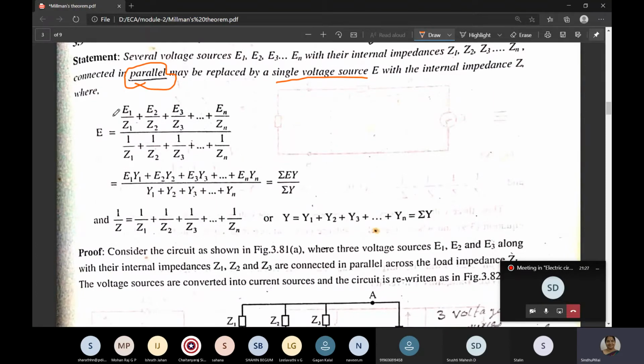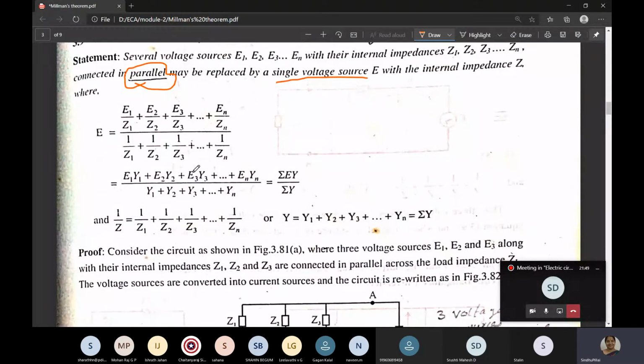Here, 1 by Z1 is nothing but the admittance, so it is replaced by Y1. So you can write E1 Y1 plus E2 Y2 plus E3 Y3, and so on up to En Yn, divided by Y1 plus Y2 plus Y3.